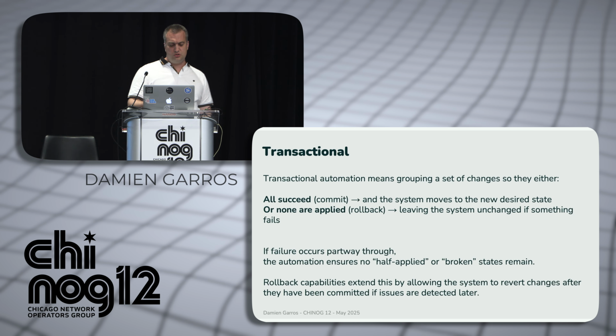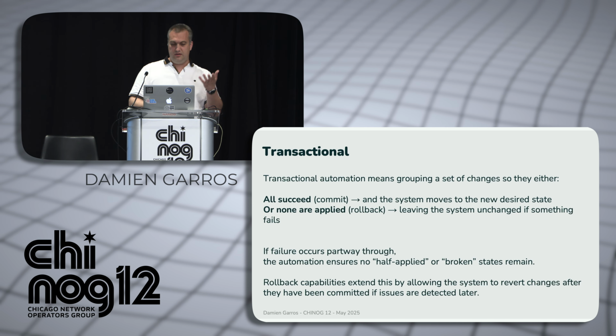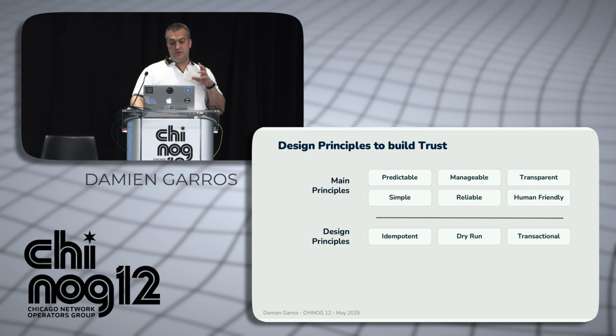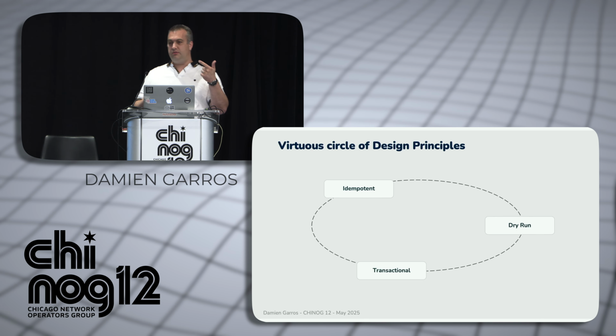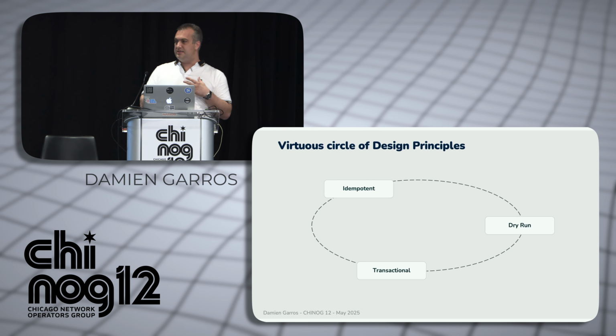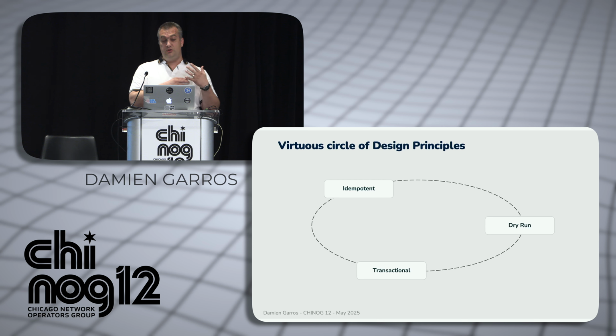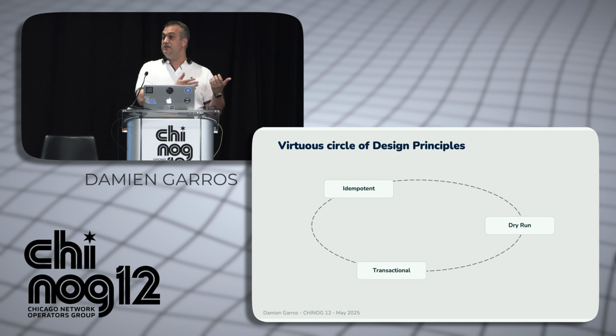So again, I'll go quickly through that because we're going to talk more about the implementation of that in the next section. But what's important to keep in mind is idempotency, dry run, transactional, they're actually very related to each other. It's by definition much easier to provide dry run if you have an idempotent system.